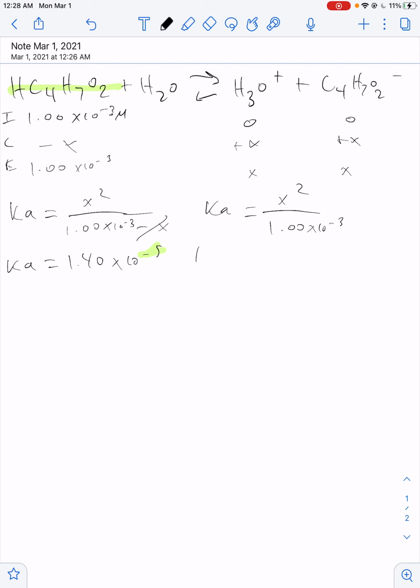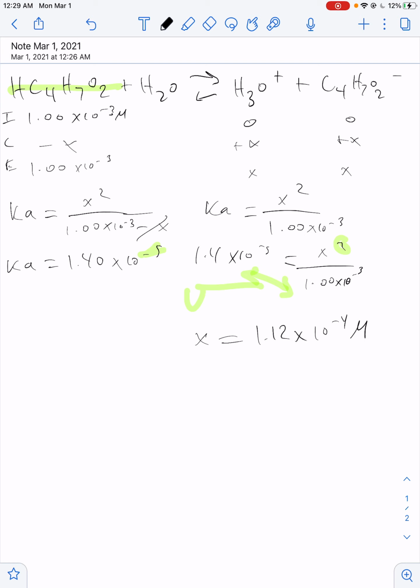Now we just solve for x: we cross multiply, and then square root to get rid of the x squared. x equals 1.12 times 10 to the negative 4 molar.